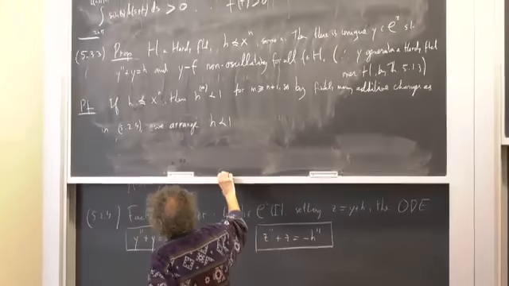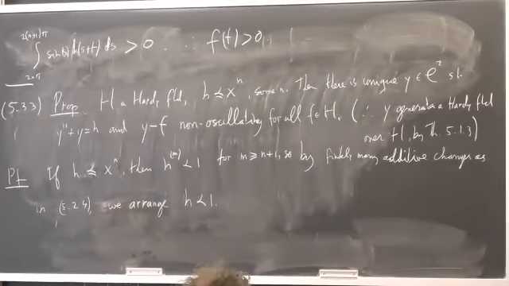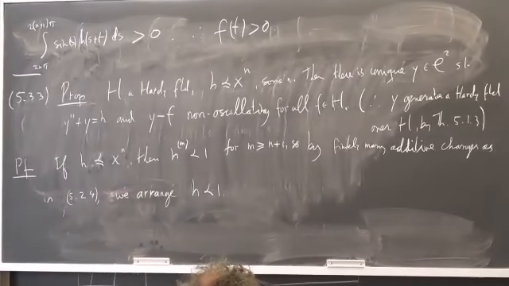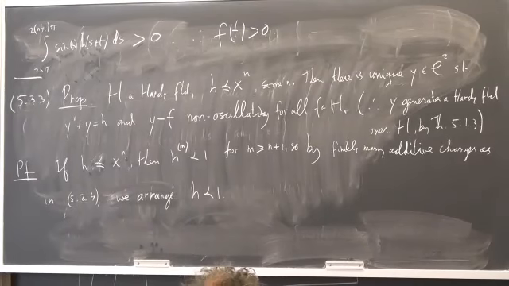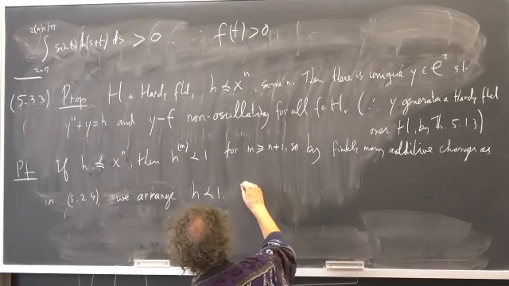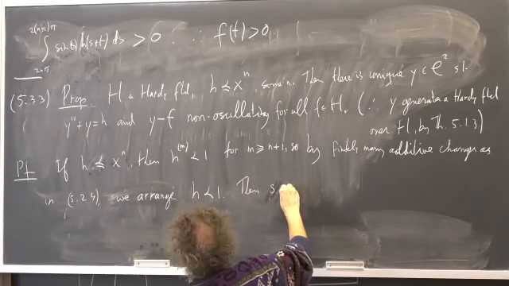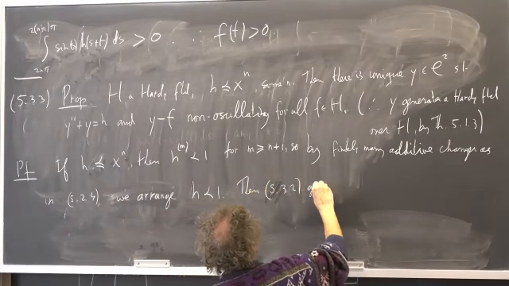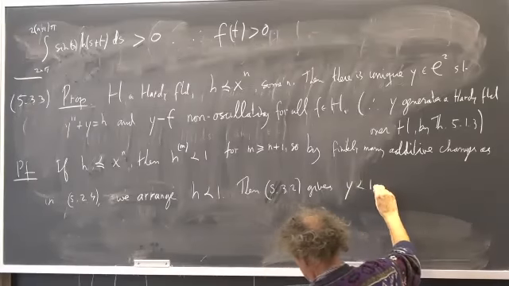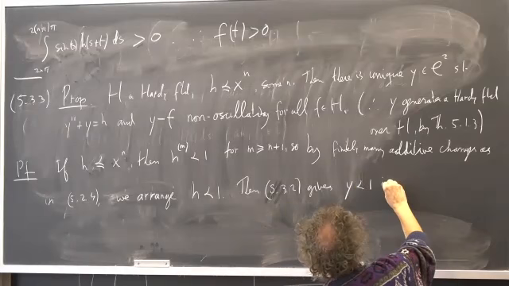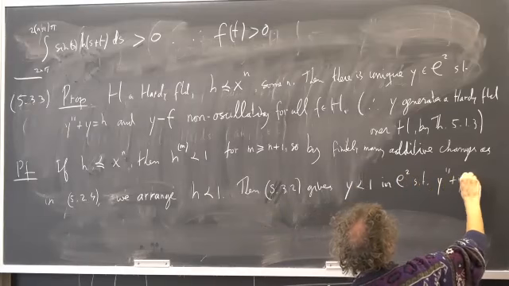Then the previous lemma, 5.32, gives indeed a y which is infinitesimal in C2 such that y double prime plus y equals h.